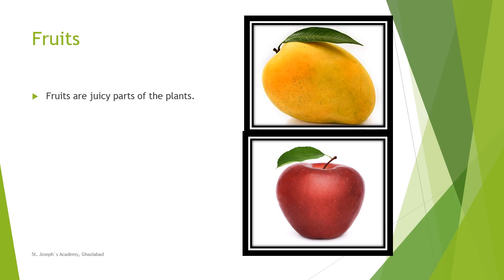Because we get juice from them. So fruits are the juicy parts of the plants. And examples, as you know, mango, apple, banana, etc. And fruits are also the seed-bearing structure in flowering plants.